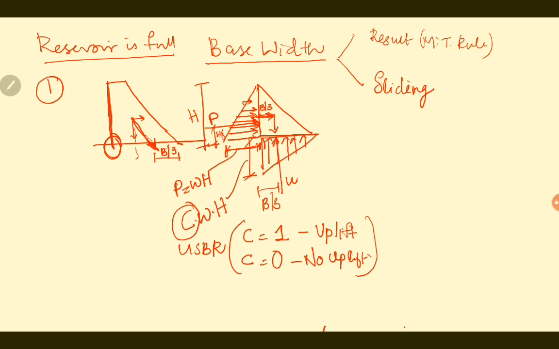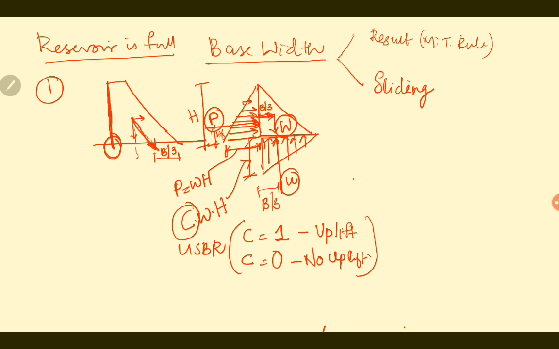C into W and H is the intensity here. Okay, now we will be taking moment of all these forces. So you have three forces, W, P and U. We will be taking the moment of all these three forces about a point. About which point must we take the moment?